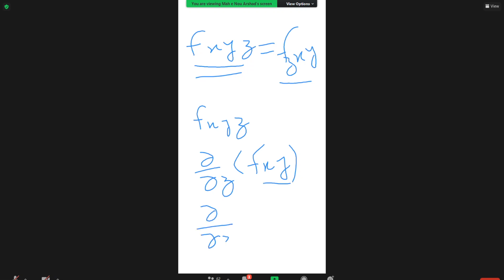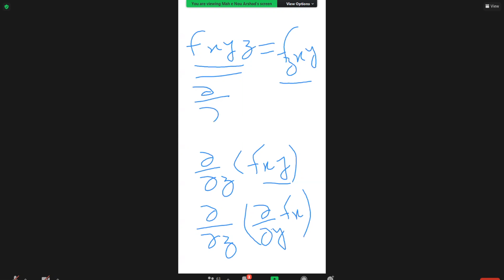This one will be as it is, and I will explore it as the derivative of f_x with respect to y. Now we will have to explore f_x. How do we explore it? Partial by partial z, partial by partial y, and partial f by partial x here.